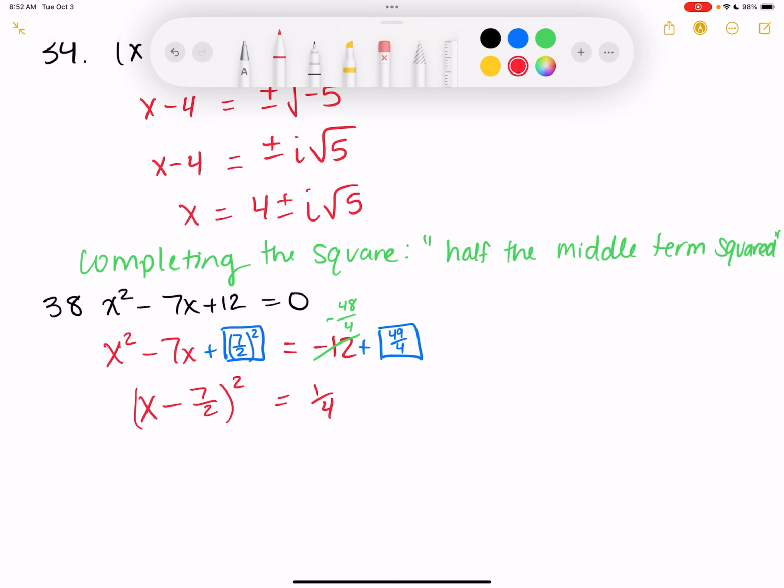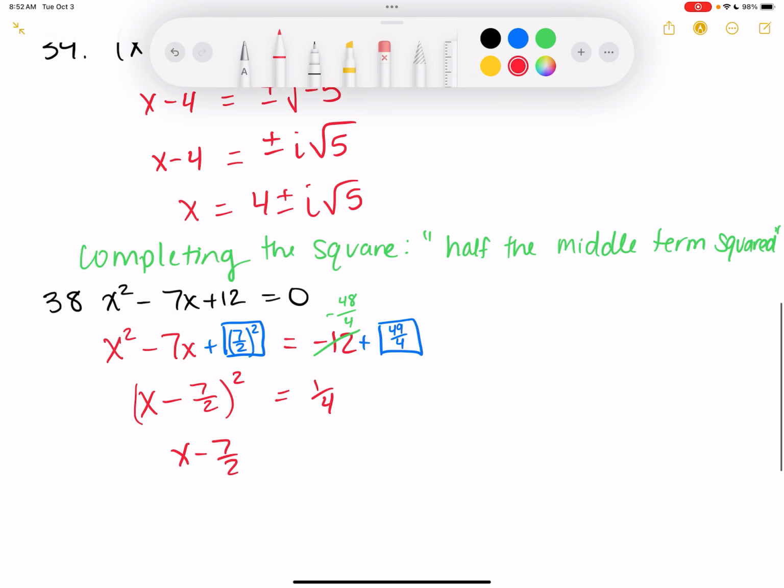So, square root of both sides, we have x minus 7 over 2 is equal to plus or minus, what's the square root of 1/4? What's the square root of 1? Okay, so 1 over, what's the square root of 4? 2.